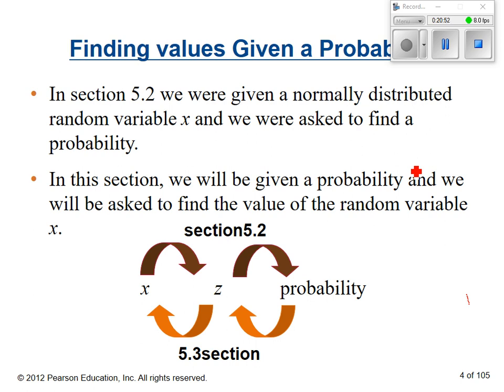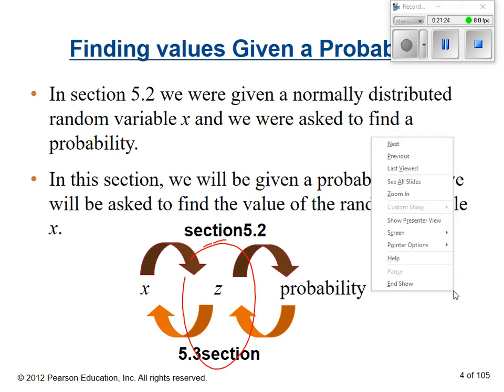In section 5.2, we were given a normally distributed random variable x, and we were asked to find the probability. In this section, we're just going backwards from that. Before we were going from the raw score to the z-score to the probability. Now we're going from the probability to the z-score to the raw score. We skipped the middle step because we used our calculators, but you still should be able to do that using the formula for a z-score.